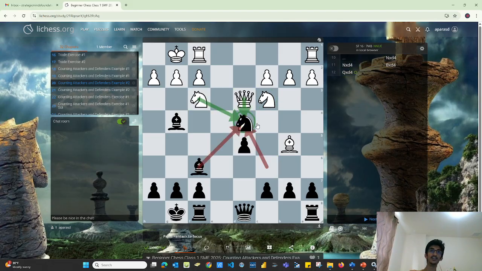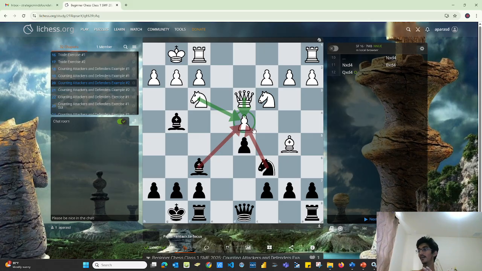And the reason is that the number of attackers and defenders are the same. So for a trade to be good, there has to be more attackers than defenders. Does that make sense? Like you get it? Yeah. So there has to be more attackers than defenders because the attacker moves first.